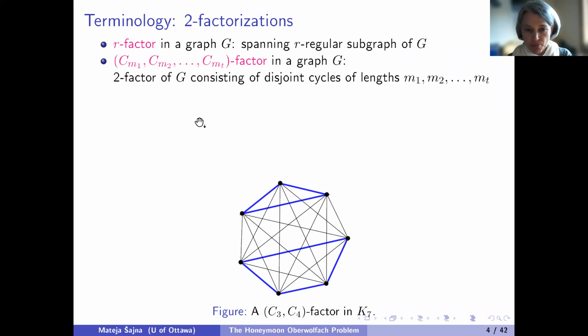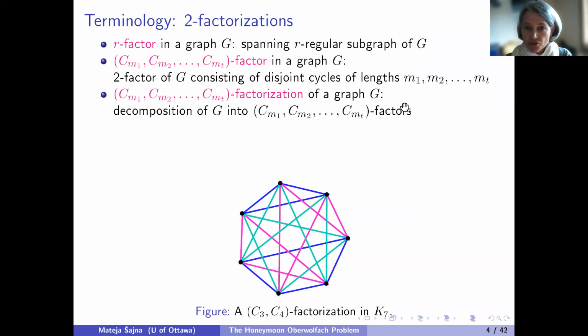The lengths may be repeated. In the picture below, you see a C3, C4 factor in K7, I believe. And a factorization into these 2 factors of the given type will be called a CM1 through CMT factorization. Again, a picture shows a C3, C4 factorization of K7.